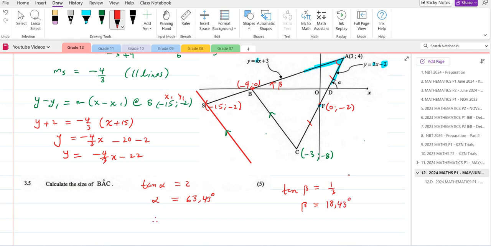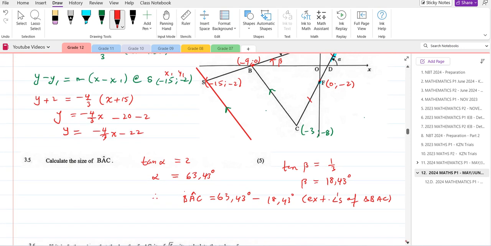Therefore, angle A or BAC is now equal to, we can use exterior angles of triangle. So that's an exterior angle, right? And that's the sum of those two angles. Or just take big angle minus small angle whenever you want to find the angle at the vertex. So 63.43 minus 18.43, because I'm doing exterior angles of triangle BAC, right?